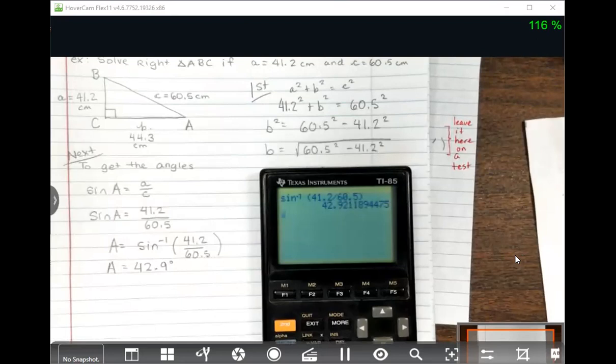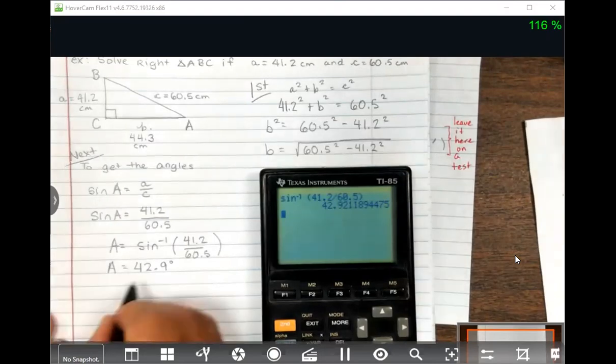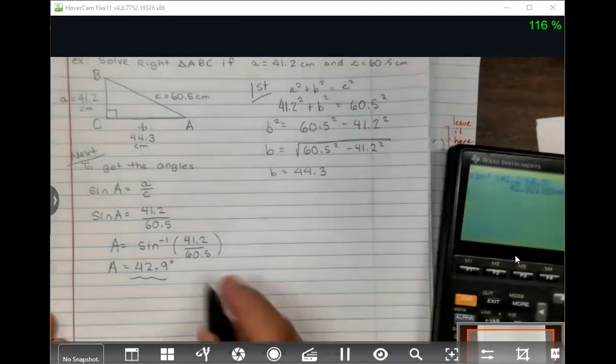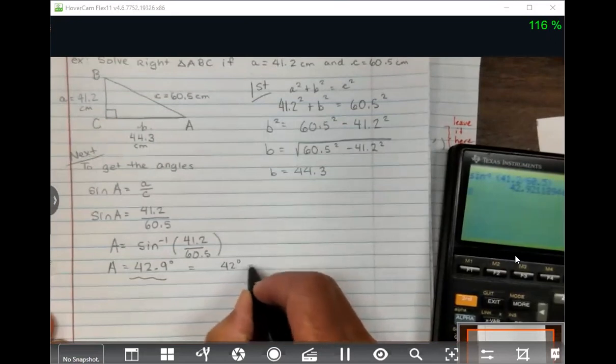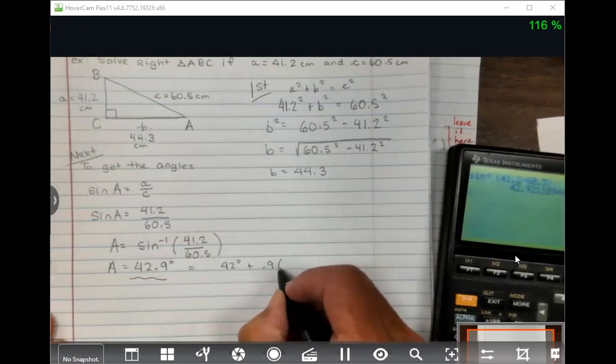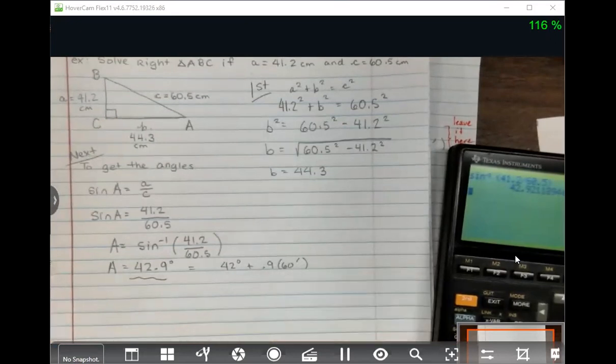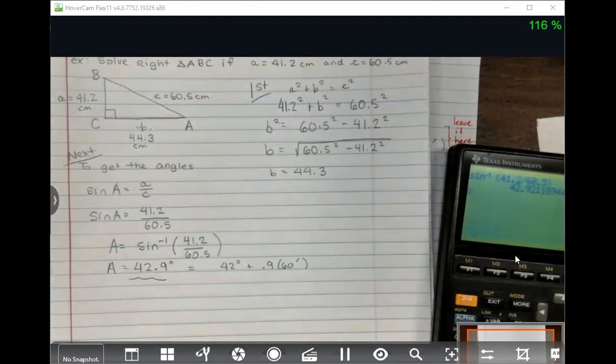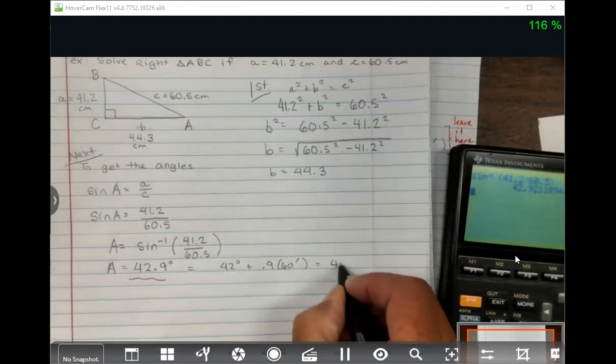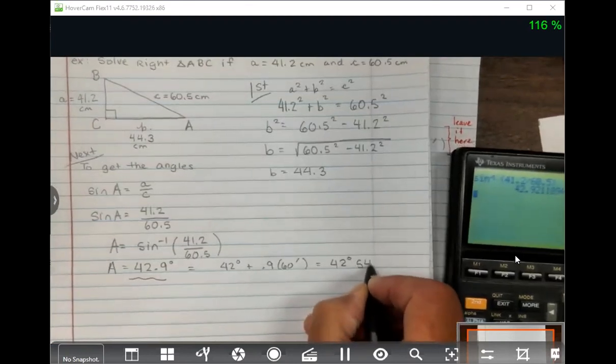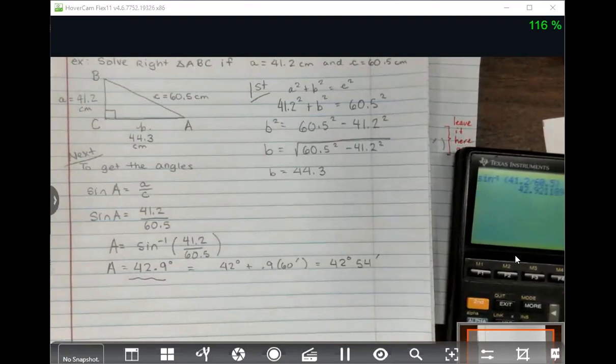So if you wanted to put this in terms of degrees and minutes, you would say that that's 42 degrees plus 9/10 of 60 minutes. So 9/10 of 60 minutes is 54. So it's 42 degrees, 54 minutes. It depends on what Webwork wants.